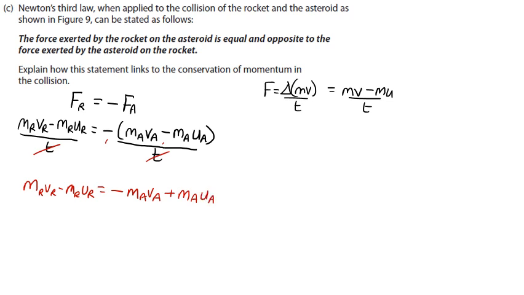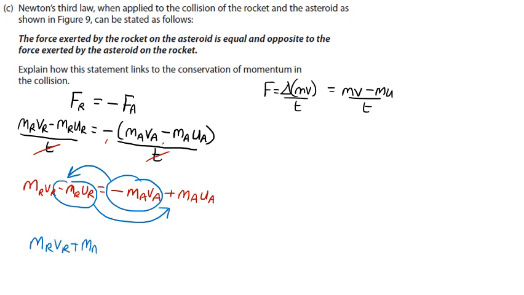So then what I'm going to do is I'm going to move this term to the left. So I'm going to add that to the left. And this term here, I'm going to add to the right. So if I do that, I get m_r v_r plus m_a v_a is equal to m_r u_r plus m_a u_a.